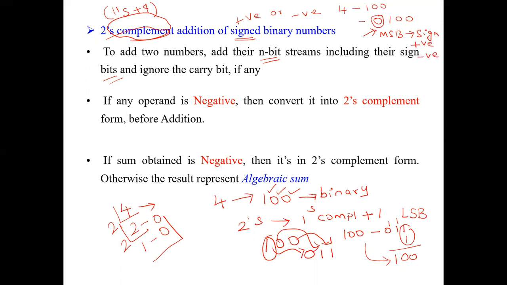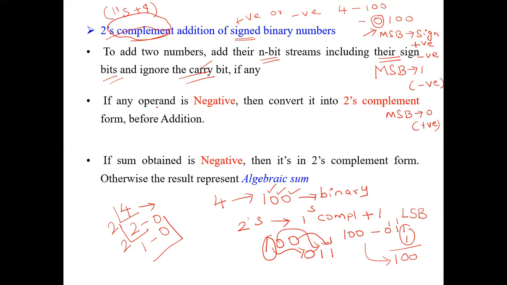If the most significant bit is 1, then it is a negative number. If the most significant bit is 0, then it is a positive number. While solving the example, we'll elaborate more. To add two numbers, you have to include the sign bit also and ignore the carry bit. If any carry is generated, you have to ignore it.